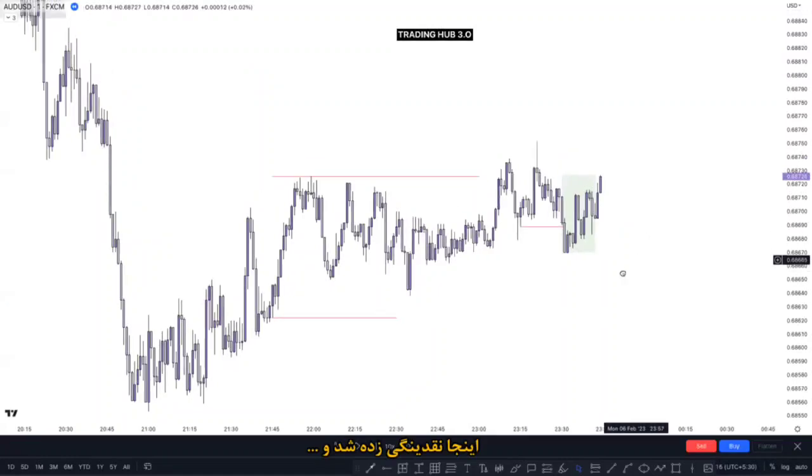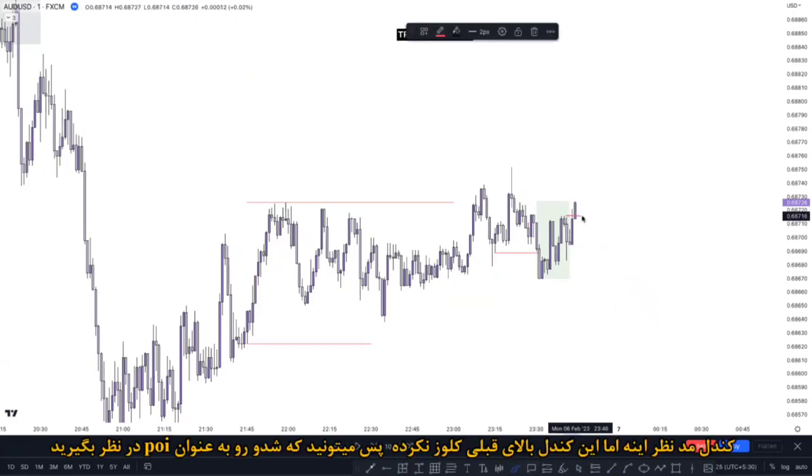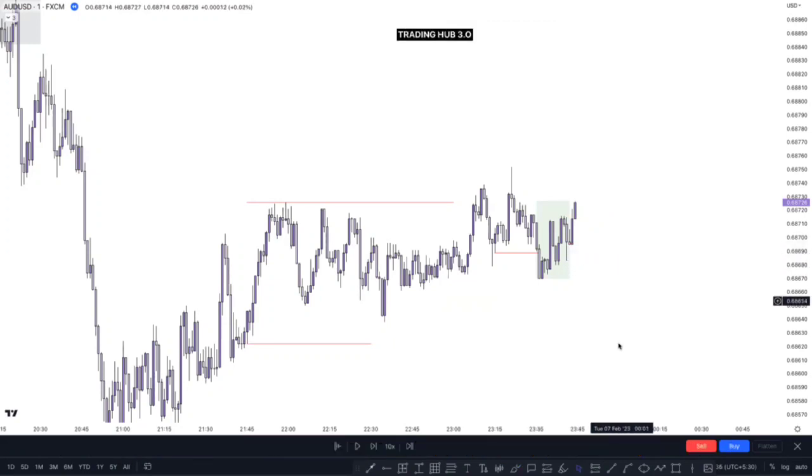This taken out the liquidity, right? And the actual candle is here, right? But this does not close above it, so this is not looking much better. So simply you can take this shadow as a PY, as an order block, right?